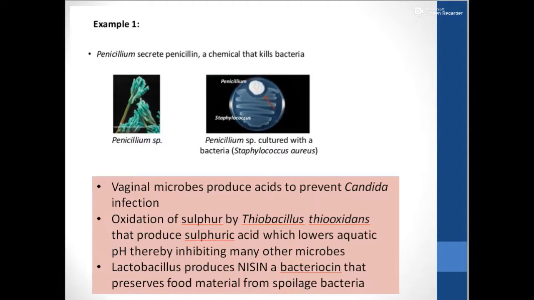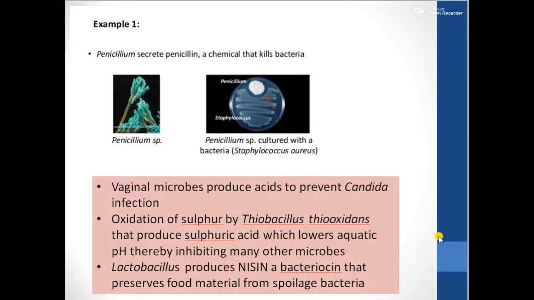There are some examples which I have cited here. In the vagina itself, we have lots of microbes prevalent as normal flora. They might produce various acids to prevent the growth of Candida albicans in the vaginal tract. Another example is Thiobacillus thiooxidans.